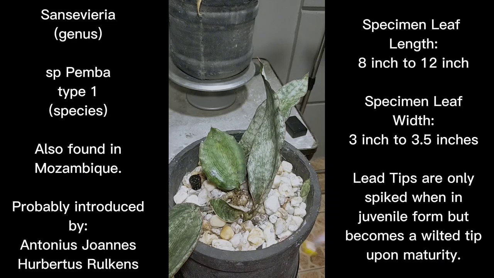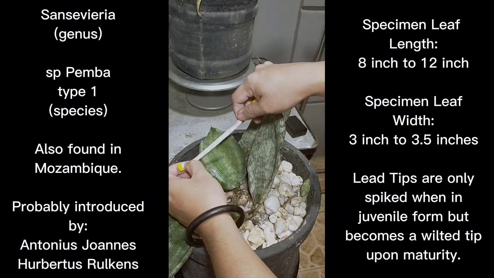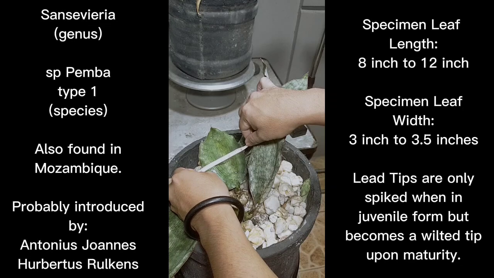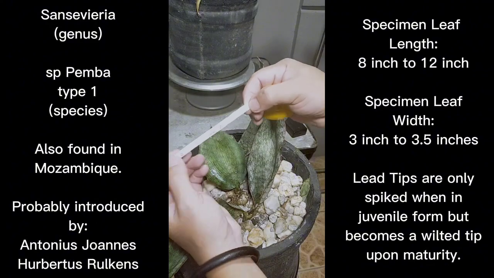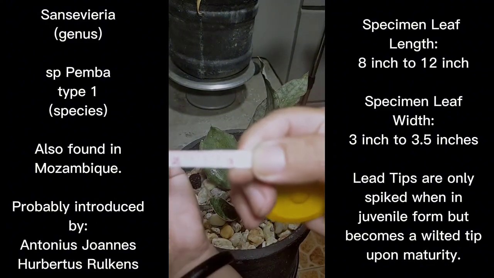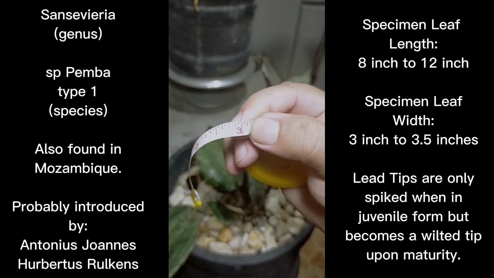Again, I find it very easy to just use the tape instead of the caliper to measure the leaf width and leaf length of a plant. The first one that I measured is 3.5 inches. It's out of focus again, so there you go.